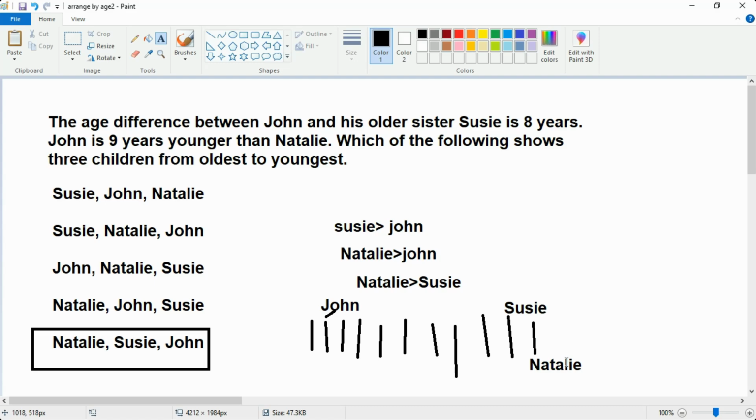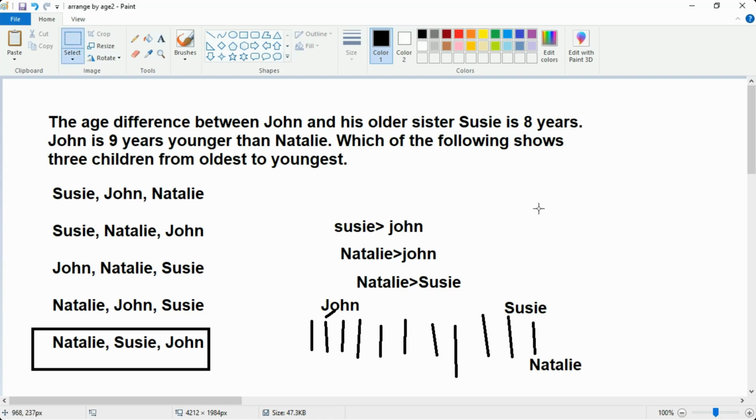So rightmost is always the oldest, and leftmost is the youngest, and in between, whoever is there, that's our order. So Natalie, Susie, John is the order which we already found. This is the more sophisticated method to solve these problems, by drawing lines.